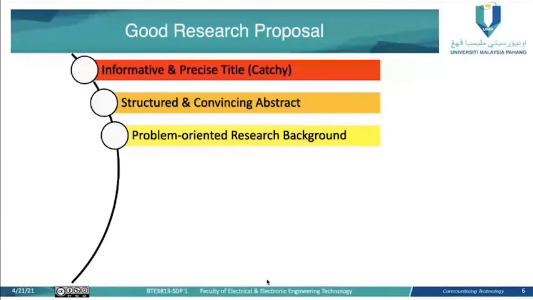The research background will provide them with the motivation behind the current research, why you are going to develop this system for your senior design project. So we call it problem-oriented. That means it's basically based on the problem statement that you find. So when we talk about the problem statement, we are talking about the motivation behind the current research, why you are going to solve this issue and so on.